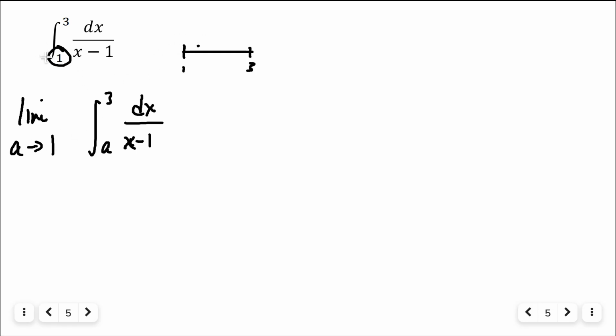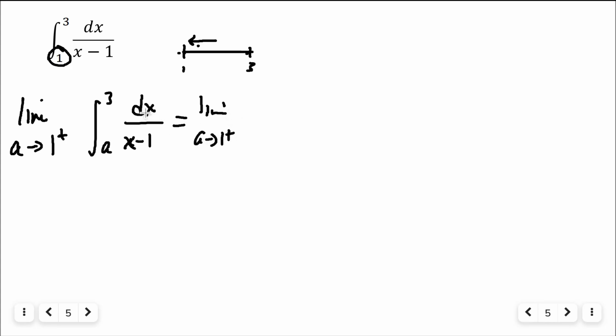Because we want to keep the area that you're finding between 1 and 3. So we actually want to approach 1 from this direction so that we keep the value between 1 and 3. So we're going to say as a approaches 1 from the right. Okay? And again, that all needs to be part of your representation here to integrate this. All right, so we're going to keep the limit as a goes to 1 from the right.